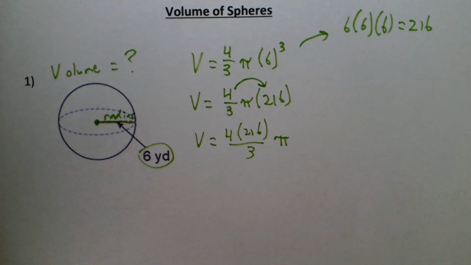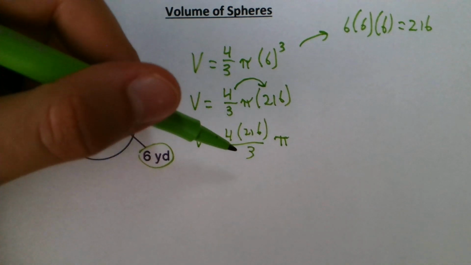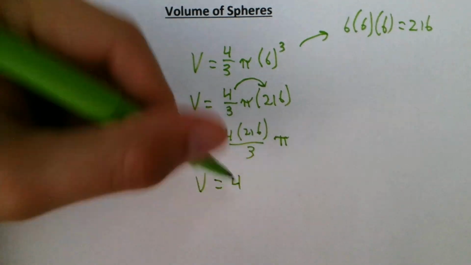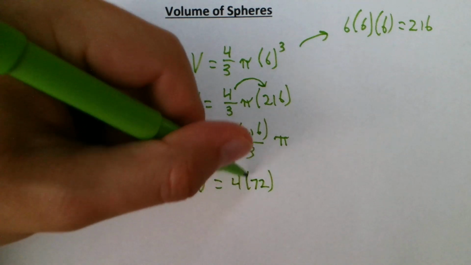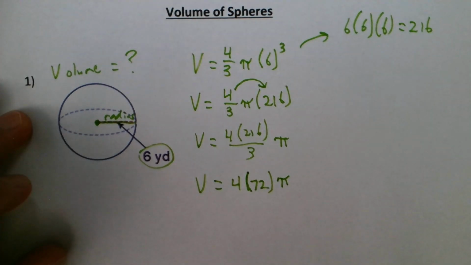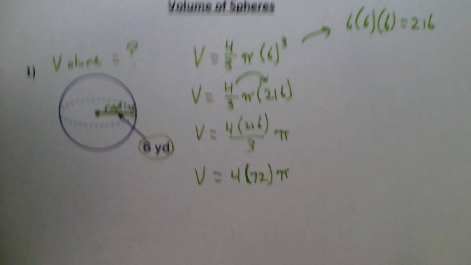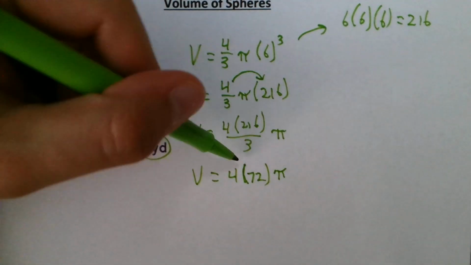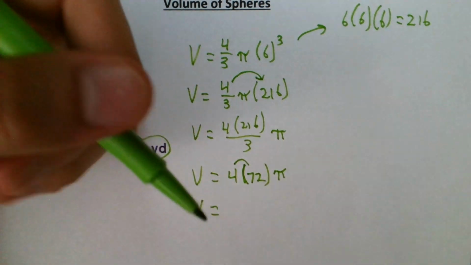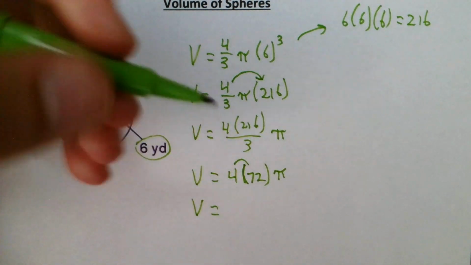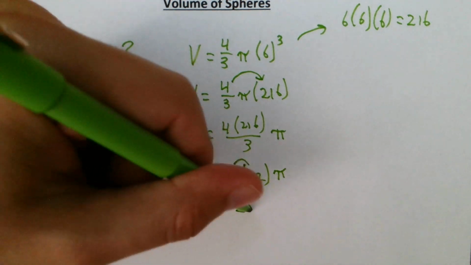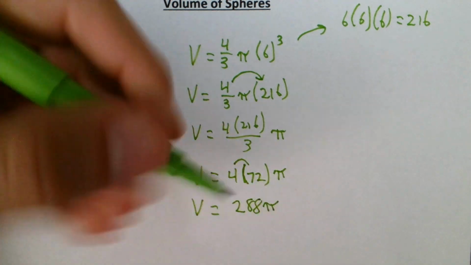Okay, now, I can divide 216 by 3 evenly. That gives me 72. So 4 times 72 times pi. Cool. Then I can multiply the 72 by 4. That's going to give me 288 pi.